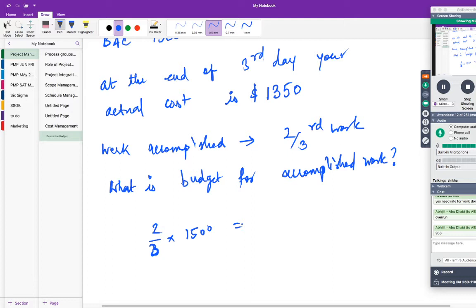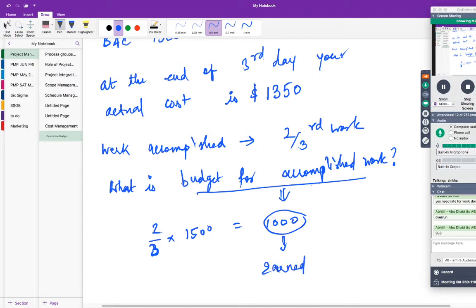What is 2/3 into 1500? 5 3s are 15, 2 5s are 10, so 1000. This is another way of finding it: 2/3 into the overall budget. So this is your budget for accomplished work, and this value is called earned value.